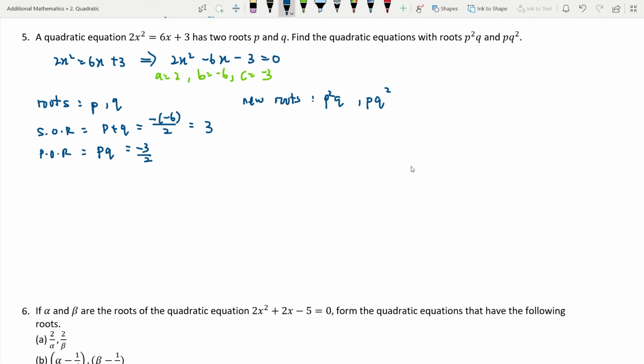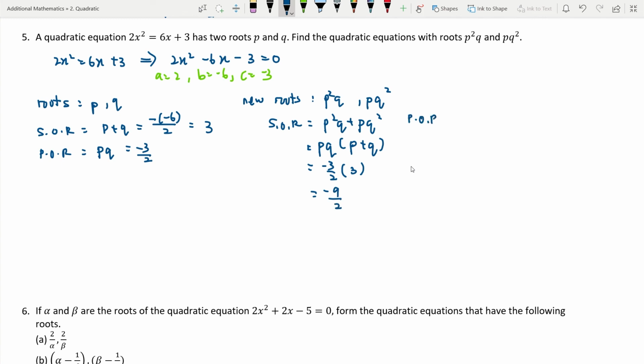We're going to find the new sum of roots and the new product of roots by using the information we have. The new sum of roots is equal to p squared q plus pq squared. Factorize them, we can take a p and a q out. pq bracket p plus q is our sum of roots. Substitute the values. pq is negative 3 over 2. p plus q is 3. Our sum of roots is negative 9 over 2.